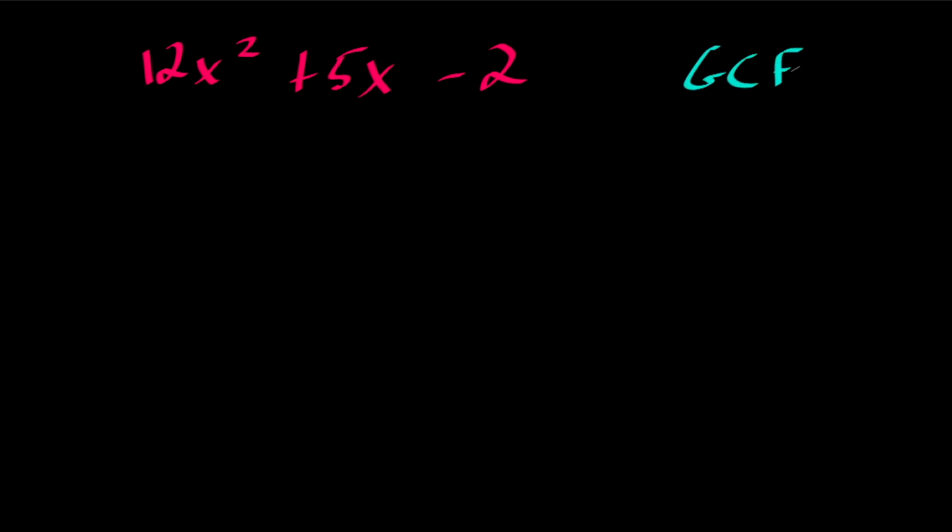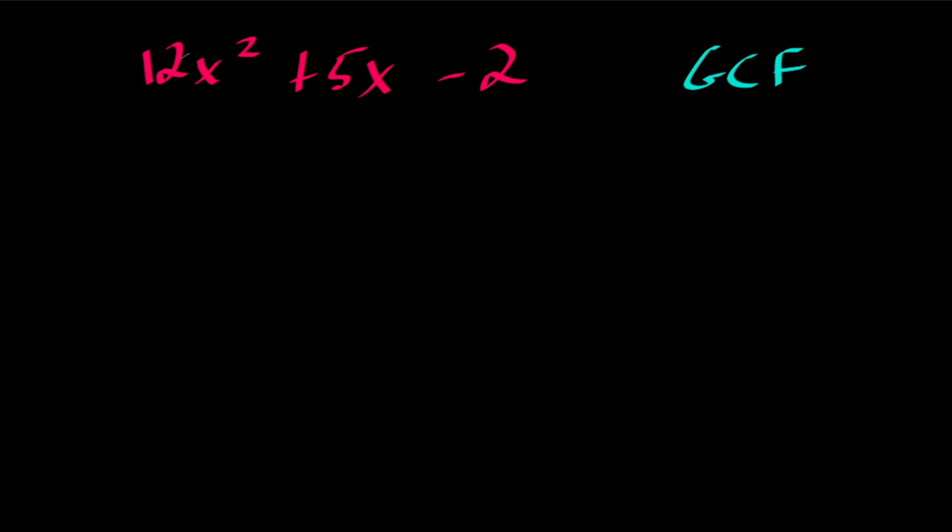So let's say I have, let me find a good one. Let's do this one. Let's say 12x squared plus 5x minus 2. So once again, let's try to factor out a GCF first.